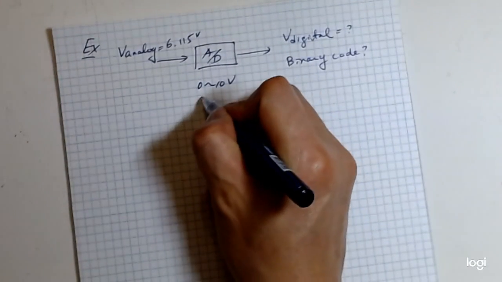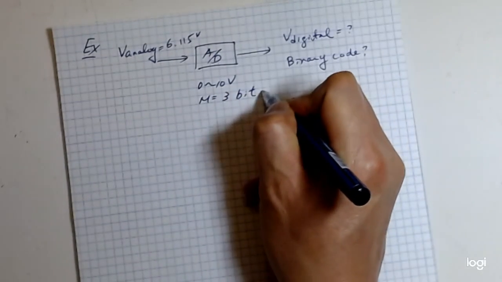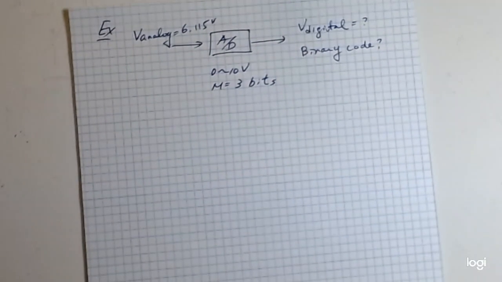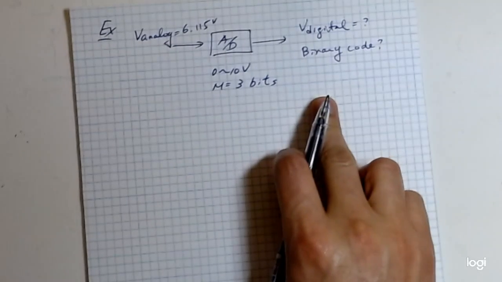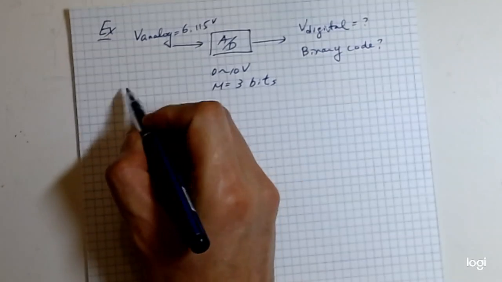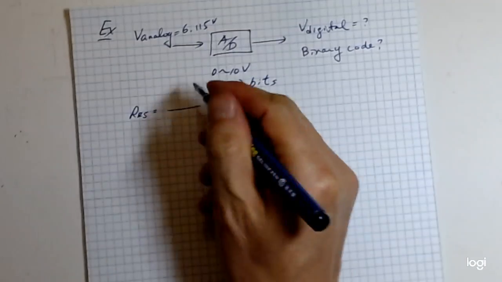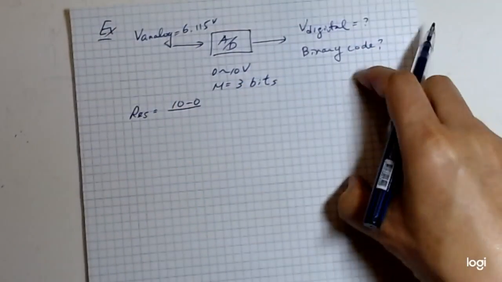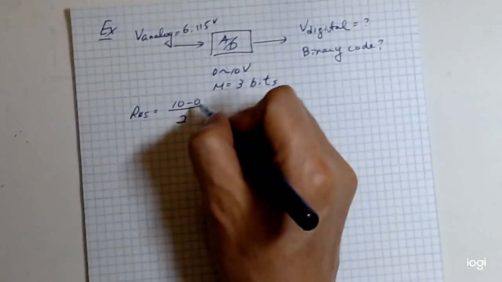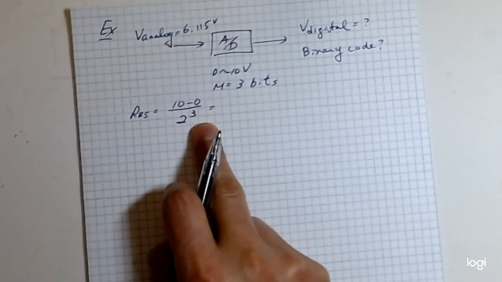Let's start with if the converter only has 3 bits. Well, first of all, if I only have 3 bits, what's the resolution? Resolution will be the total full scale range divided by the number n bits can represent. It's 2 raised to the 3rd power.